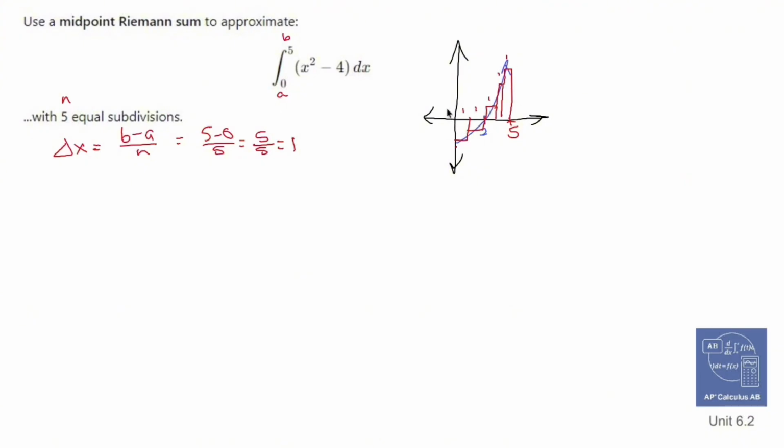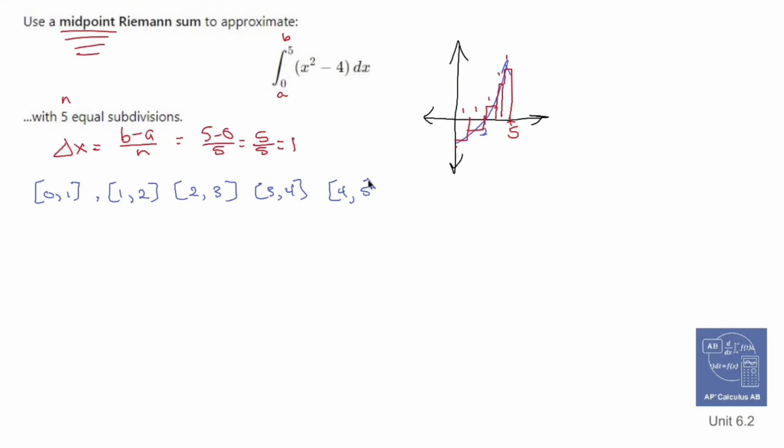I can handle that. Now what I don't know is how tall they are. Well, the way I find out how tall they are is by plugging in the midpoint. Now, if I know that these are each 1 long and it starts at 0, I have 5 intervals going from 0 to 1, 1 to 2, 2 to 3, 3 to 4, and 4 to 5.